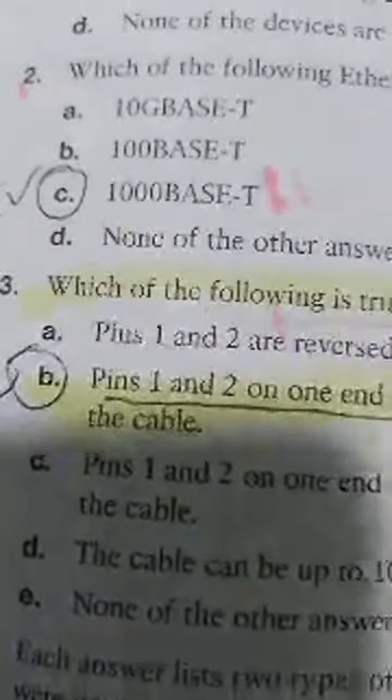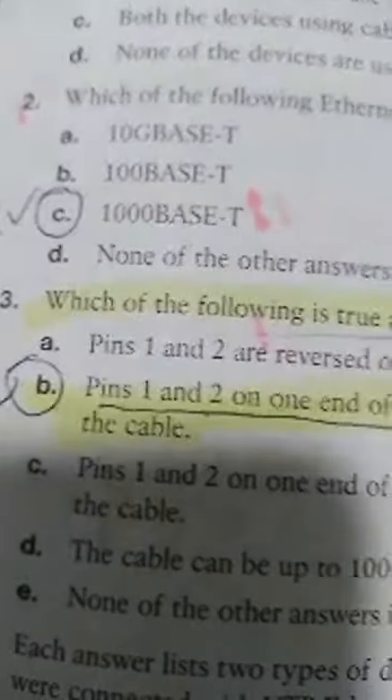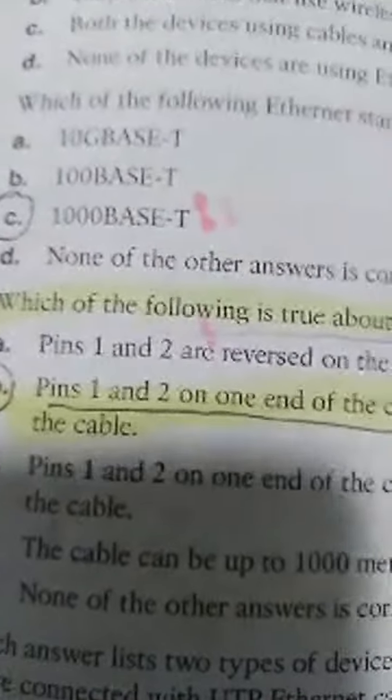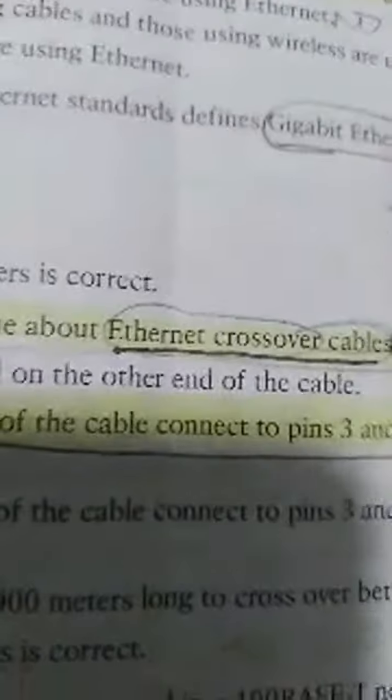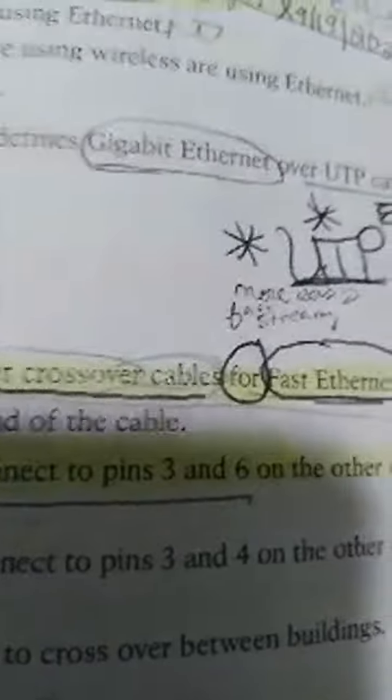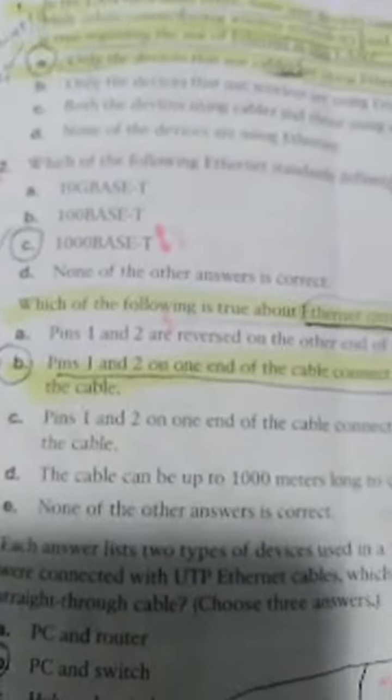And it gives you choices A, B, C, D, and E. Pins 1 and 2 on one end of the cable connect to pins 3 and 6 on the other side of the cable. And that's the answer.